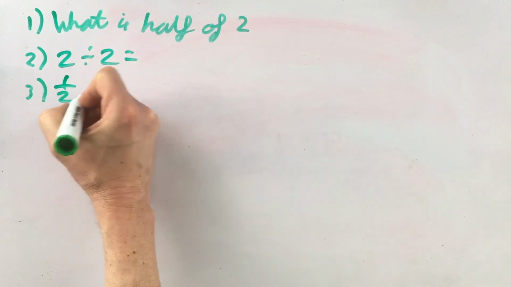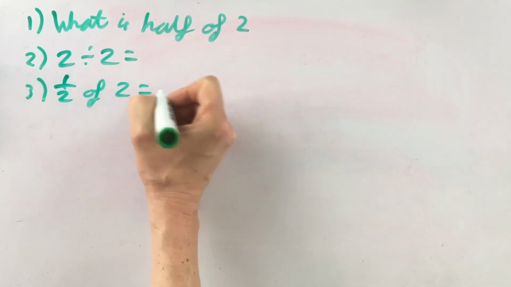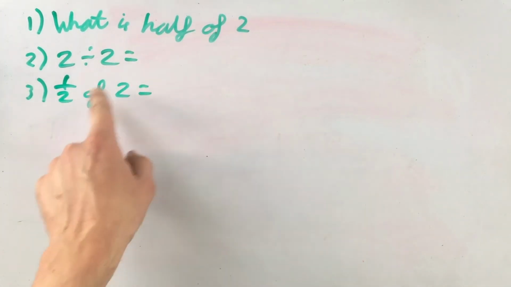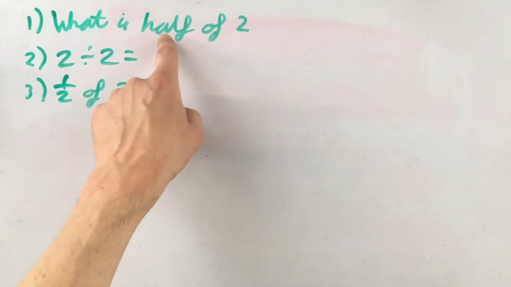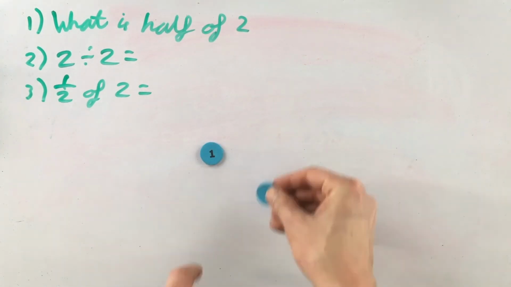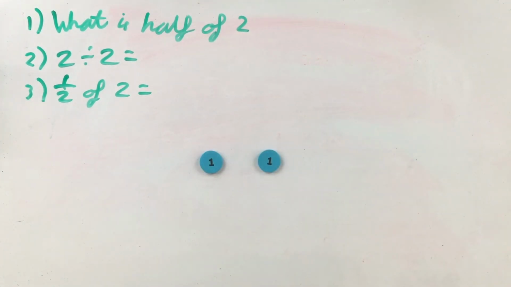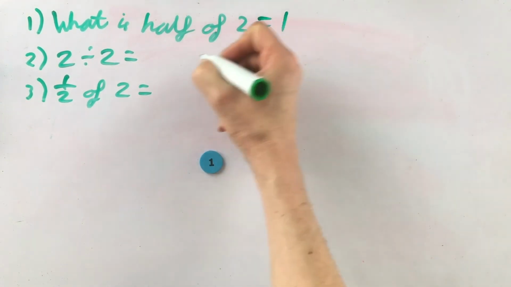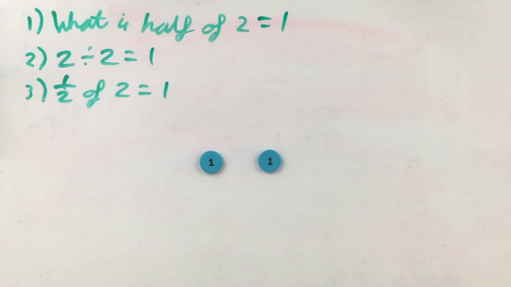And the third one was half of 2, which means the same as this, it's just written in numbers instead of words. So the only thing you need to solve the first problem are 2 coins. What's half of 2? 1. So the answer to each of these questions is 1.